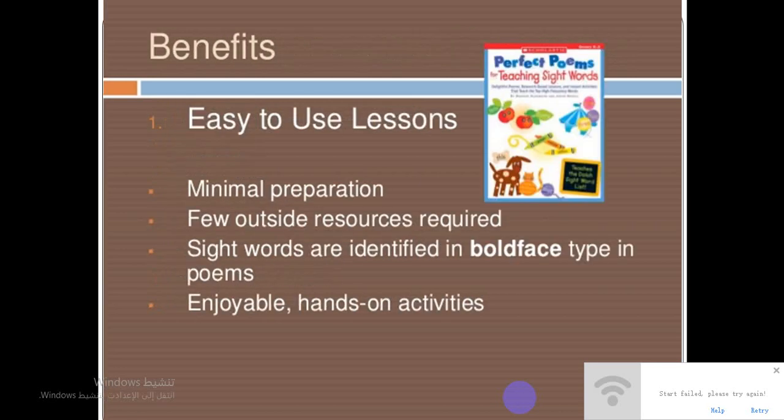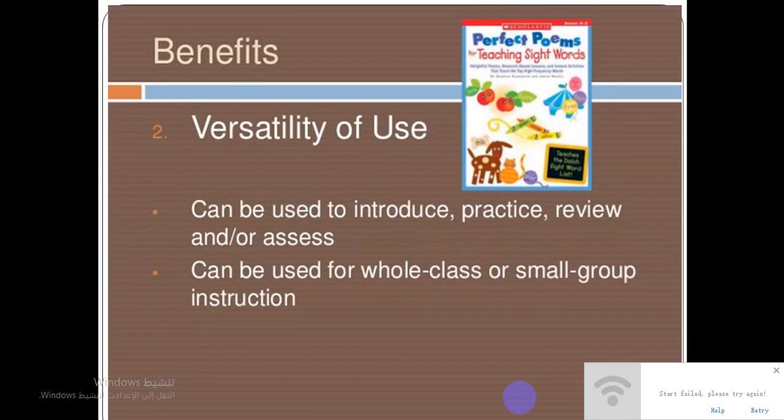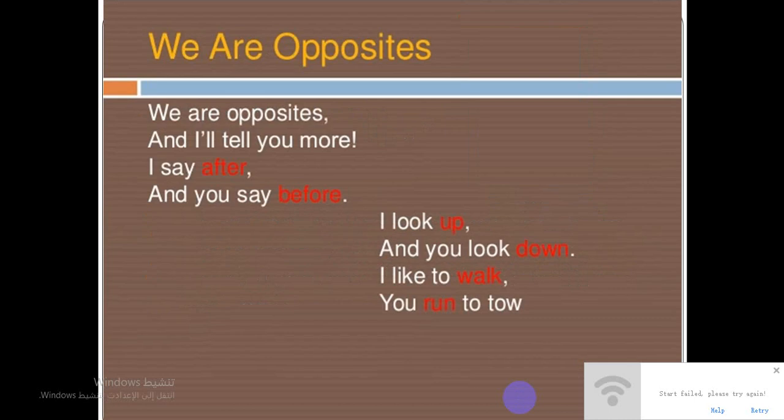The benefits of this approach: easy to use lessons, so minimal preparation and few outside resources required. Sight words are identified in boldface type in poems, and there are enjoyable hands-on activities. Another benefit is versatility of use. It can be used to introduce, practice, review, and assess, and for whole class or small group instruction.